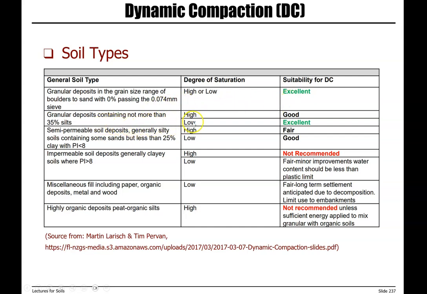Granular deposit with a high degree of saturation is good, but if you have a low degree of saturation, it's excellent. Not recommended when we have highly organic material. When we have fine material with a high degree of saturation, again, not recommended.